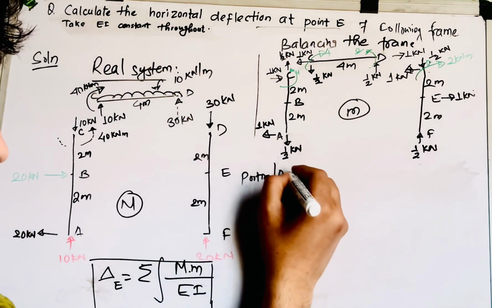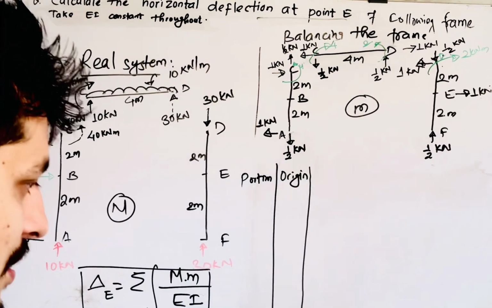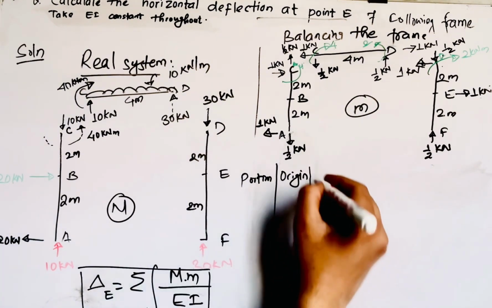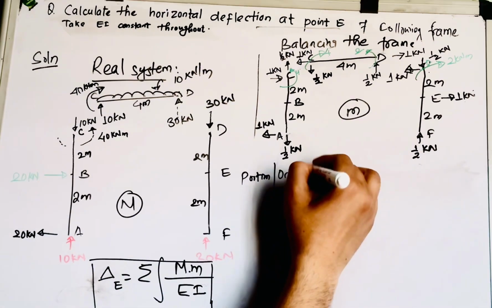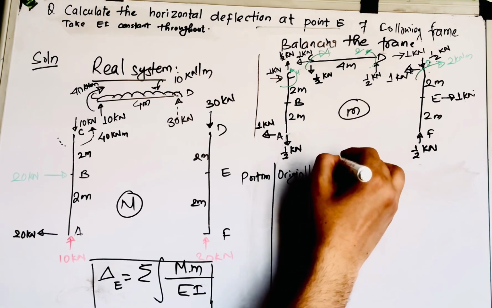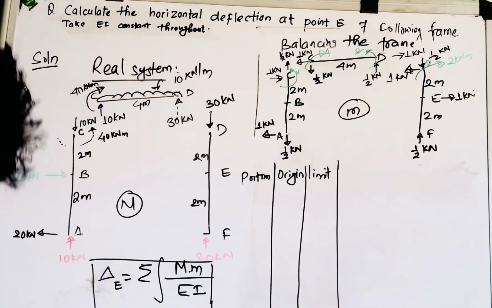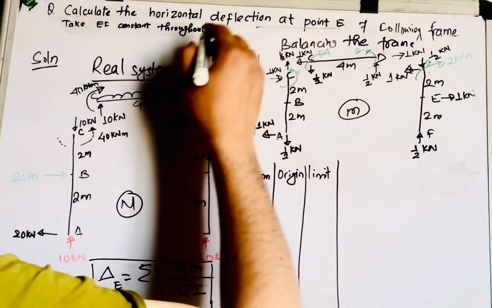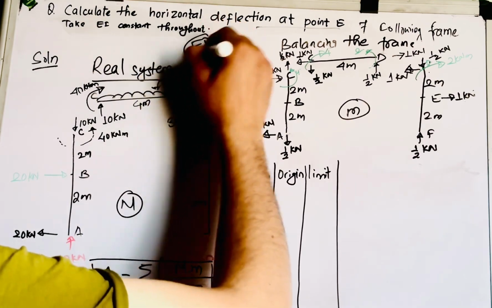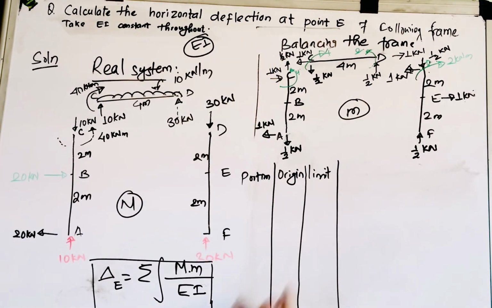Okay, now what is the origin? You have to write the origin, and you can write what is the limit. Since EI, the flexural rigidity, is constant here, EI value is 1. I am not making the column of EI here.